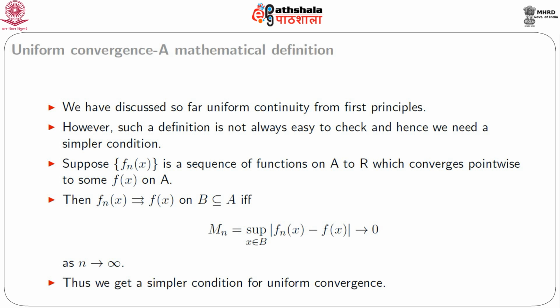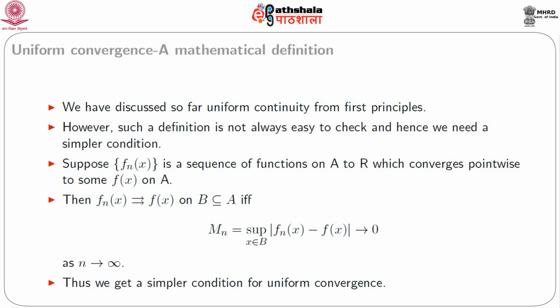Suppose f_n(x) is a sequence of functions on A to R which converges pointwise to some f(x) on A. Then f_n(x) converges to f(x) uniformly on B, which is a subset of A, if and only if M_n, which is defined as the supremum of the absolute value of f_n(x) minus f(x), where the range of the supremum is x belonging to B, tends to 0 as n tends to infinity.